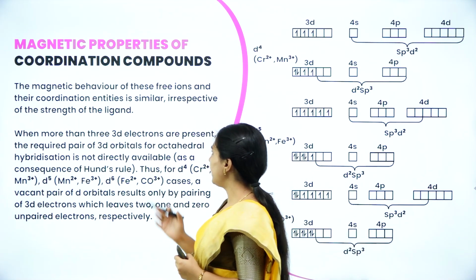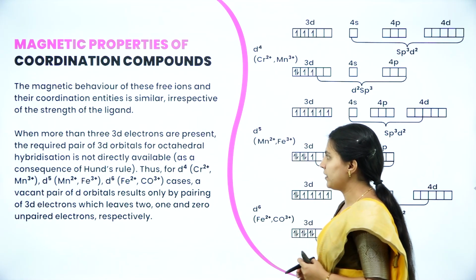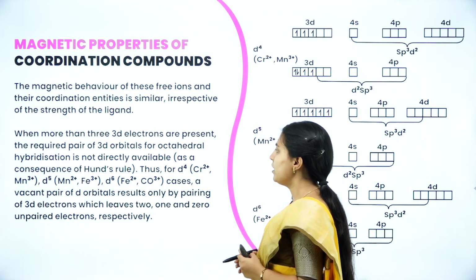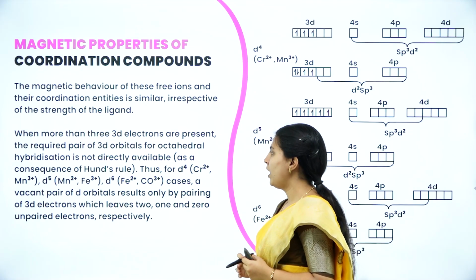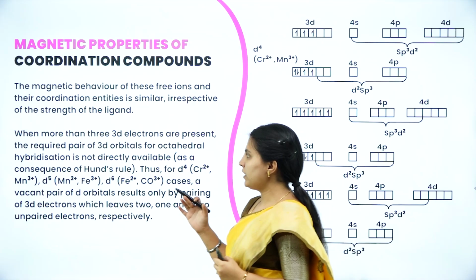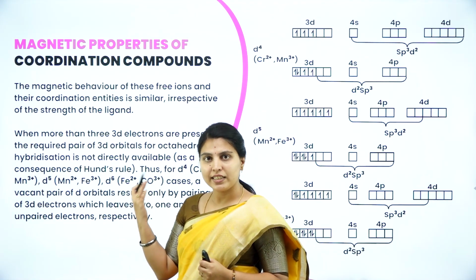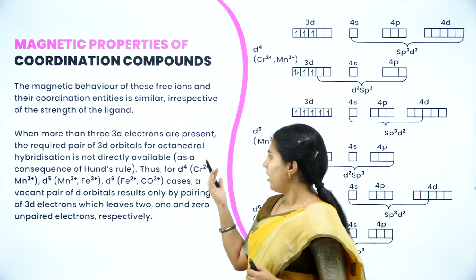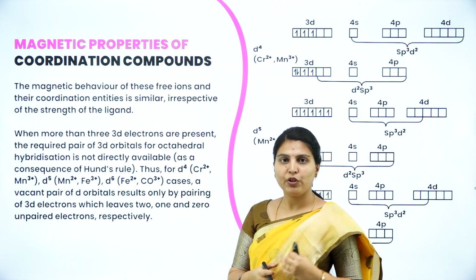When more than 3 3d electrons are present, the required pair of 3d orbitals for octahedral hybridization is not directly available as a consequence of Hund's rule. Means if more than 3 d electrons are present, 3d orbitals for octahedral hybridization will not be available.